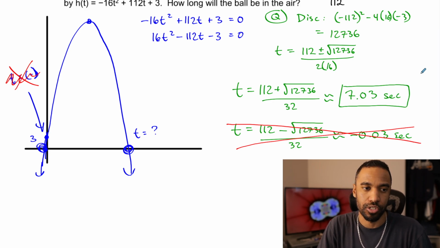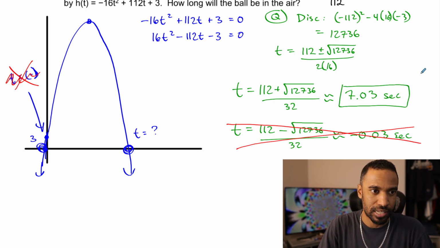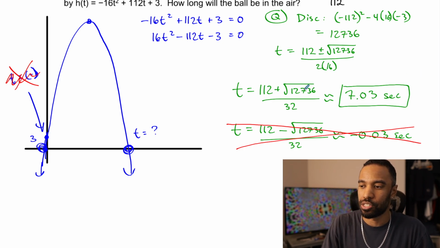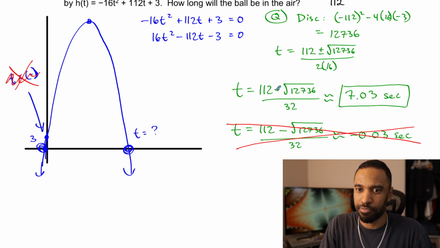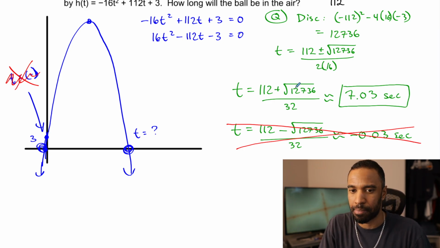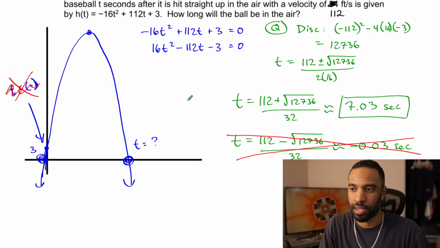And the answer is 7.03 seconds. That's an approximation. You saw 7.02 6683995, but that's using the quadratic formula. You can see taking time to simplify that radical would not have been worth my time, especially since I'm not attempting to write an exact answer. I wanted to approximate it anyway, and there it is.